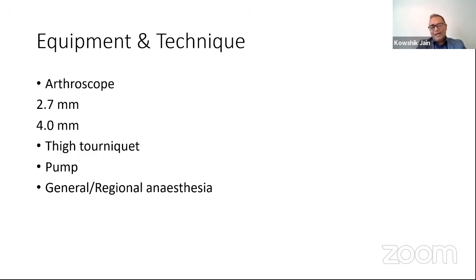Thigh tourniquet. This is again not an absolute requirement. Most foot and ankle surgeons would perform ankle arthroscopy using a tourniquet, and I am one of them as well. I routinely use a thigh tourniquet, but you could do it without using a thigh tourniquet.